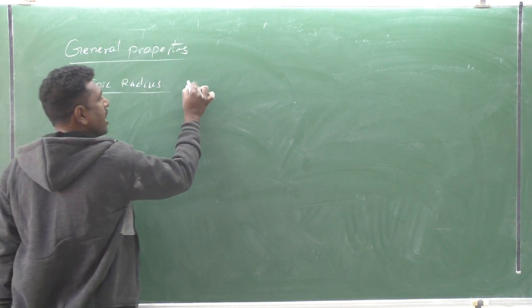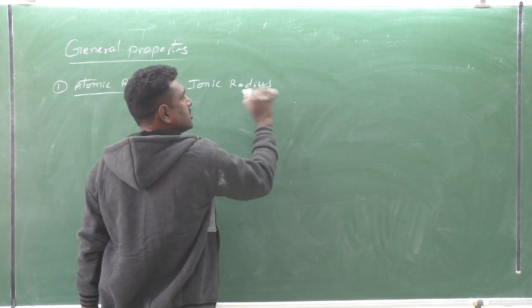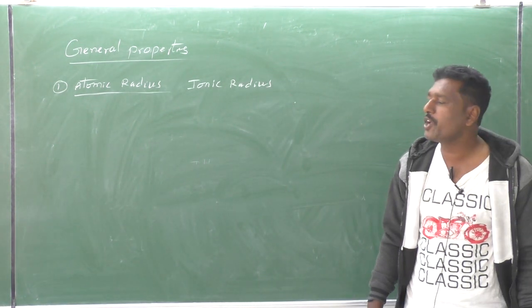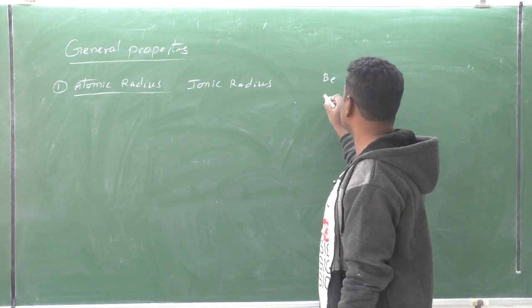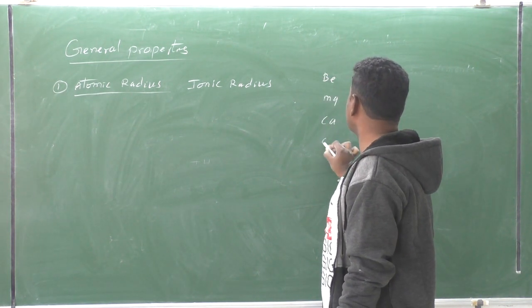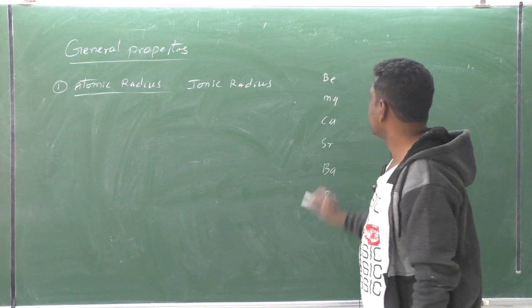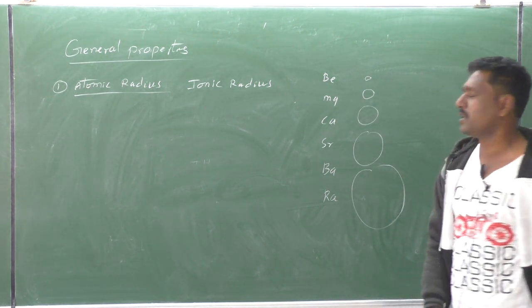Atomic radius and ionic radius gradually increase in any group. If you take any group, atomic radius gradually increases: beryllium, magnesium, calcium, strontium, barium, radium.